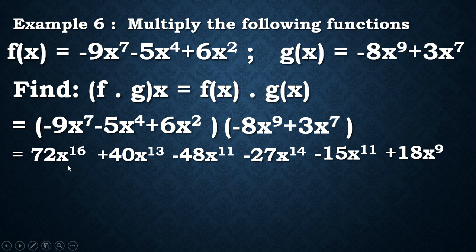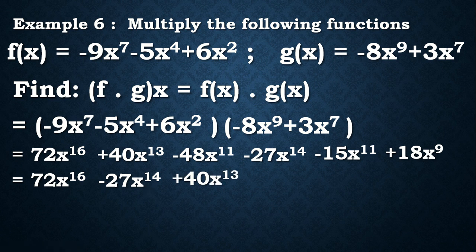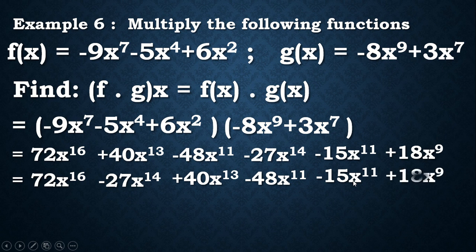Since our highest exponent is 16, let's bring down 72x to the 16, followed by negative 27x to the 14, then plus 40x to the 13. We have negative 48x to the 11, and negative 15x to the 11, and we have 18x to the 9. They are in descending order: 16, 14, 13, 11, and 9.